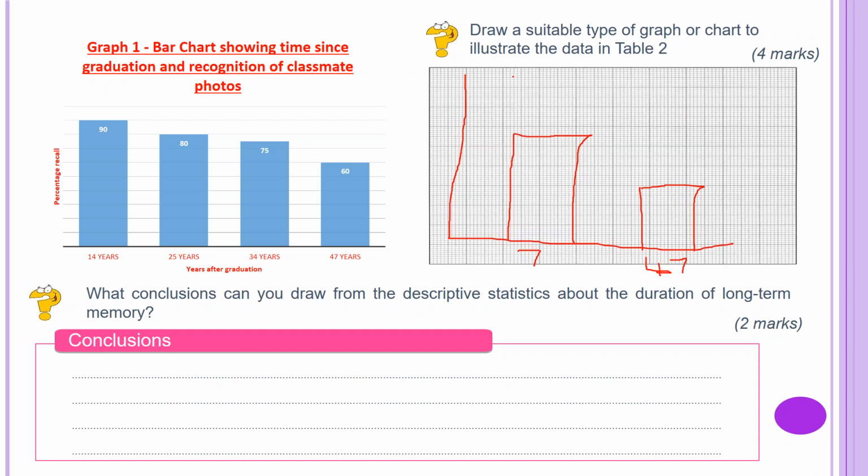It should have a title, and your title should be along the lines of Graph 1: a bar chart showing time since graduation and recall of classmates' names with no pictures. Along here, percentage, and so on: 20, 40, 60, 80. So the title of this axis would be percentage recall, and along here, years since graduation.